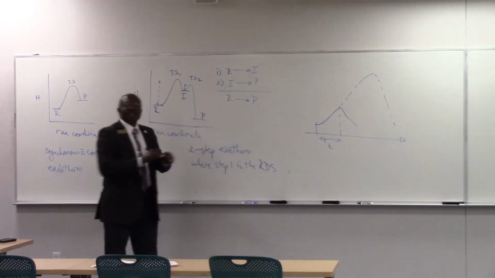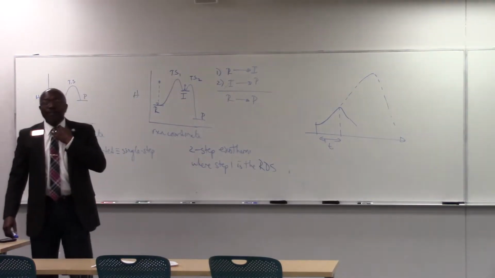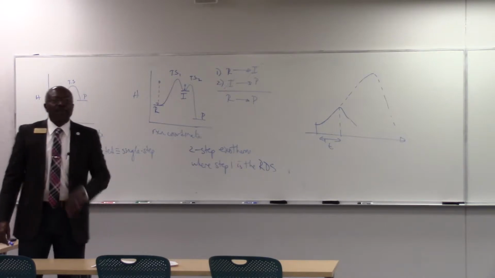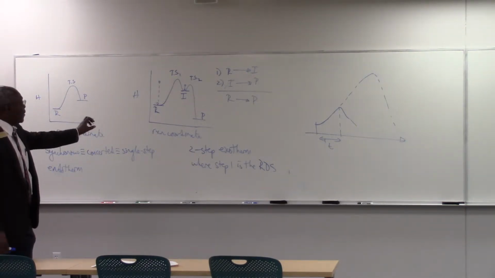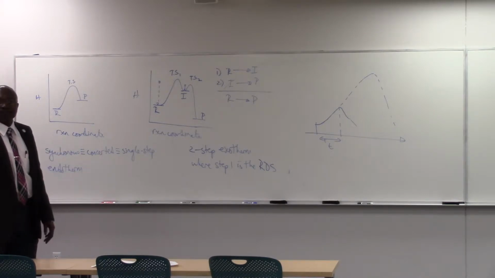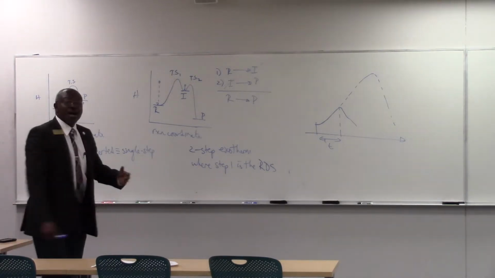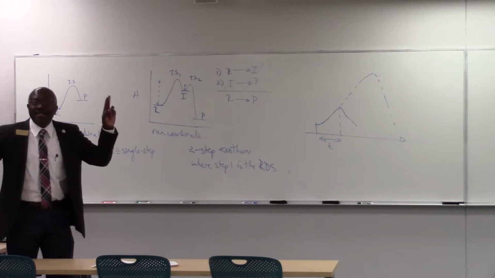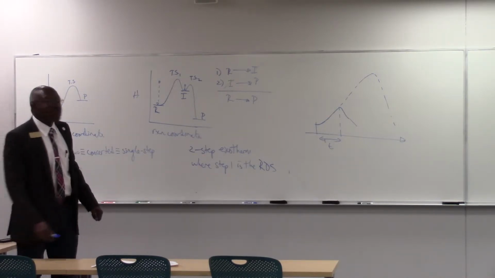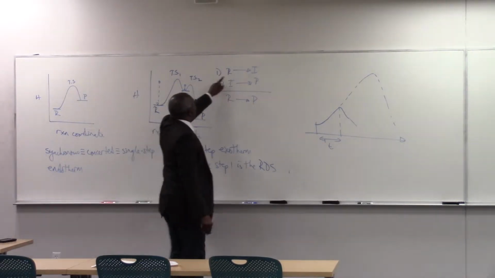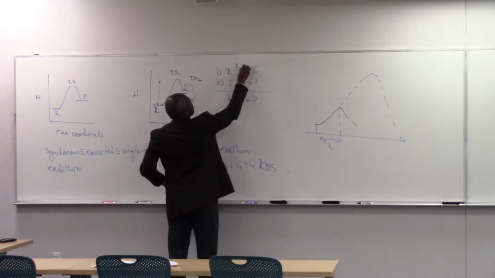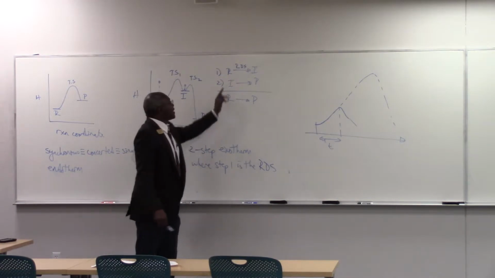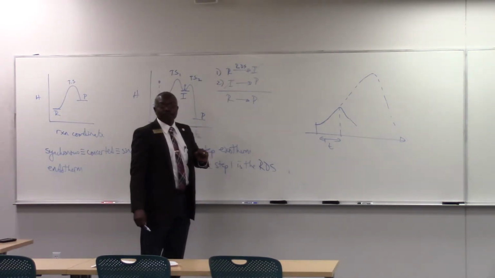So RDS is the accepted abbreviation for rate determining step. So I can say this is a two-step exotherm where step 1 is the RDS. And if you ask me to write out the mechanism for how the reaction goes, I would say R goes to I, and this is the rate determining step, and then I goes to P.